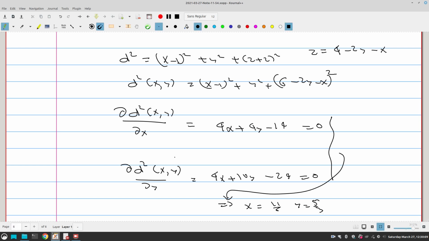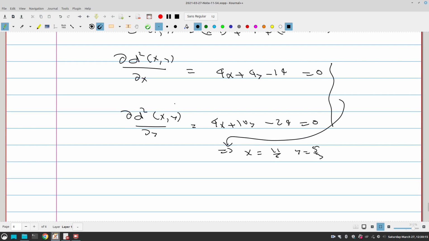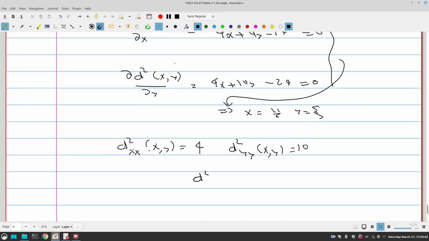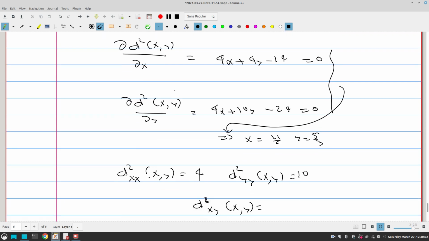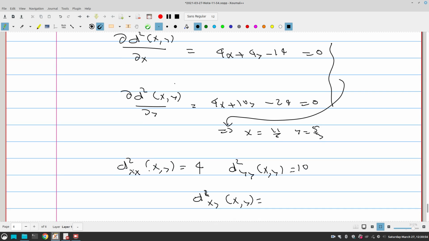So anyway, at this point, d square xx of xy equals 4, d square yy at xy equals 10, and d square xy at xy equals, no, not 0, sorry, 4. Right?